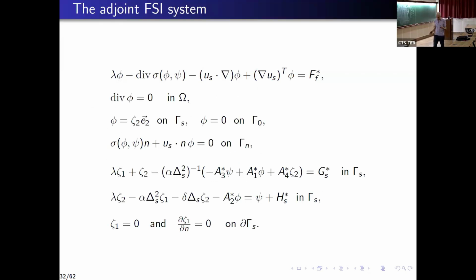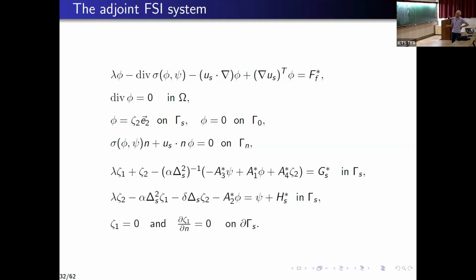Now, I need the adjoint system. For the direct system, it was quite complicated. The situation for the adjoint is worse. Why? When we make integration by parts, so we compute the adjoint in a classical way with the Green formula, we try to eliminate terms, and we end up with a system of this form.